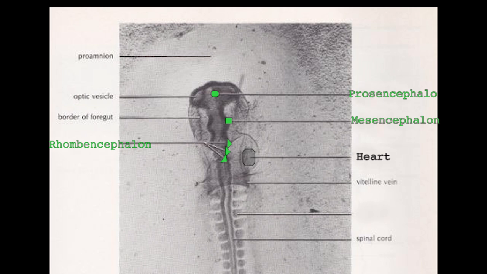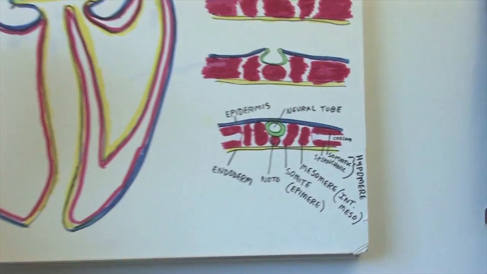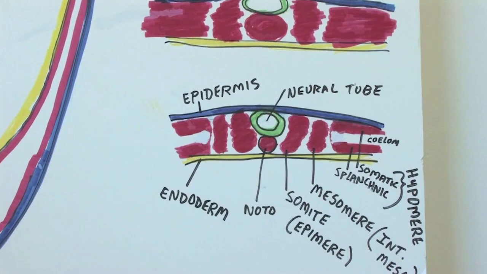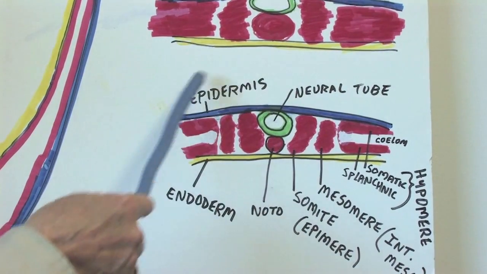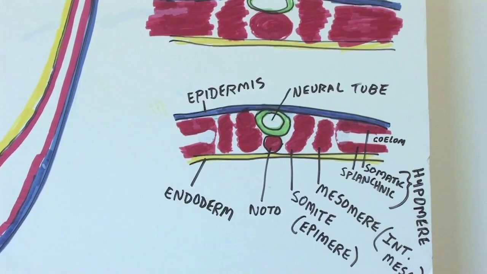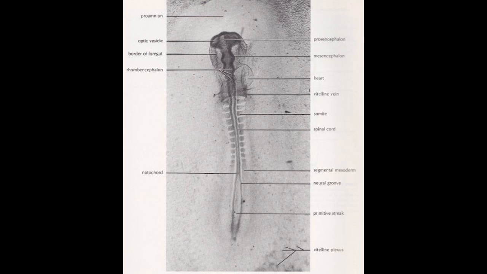And you see the heart developing from the splanchnic mesoderm. You see the somites very nicely forming, but you see it in the whole elongated embryo. But when you look at this here, it makes it much easier to understand what's going on. This is just a section through this elongated embryo, which is seen in figure number 55.